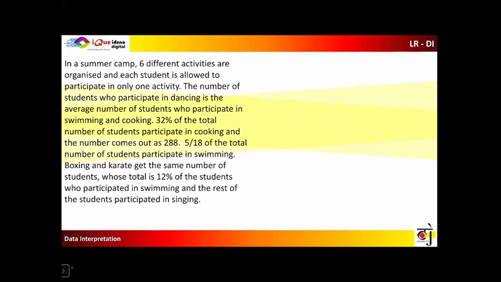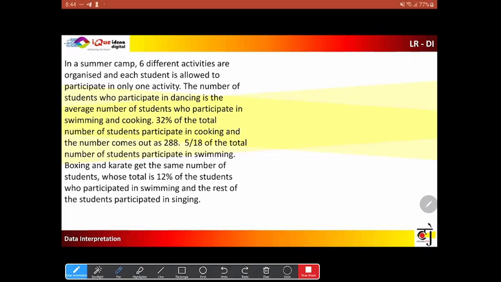So in a summer camp, 6 different activities are organized. Each student is allowed to participate in only one activity. Let us say X number of students participate in dance. It is the average number of students who participate in swimming and cooking.